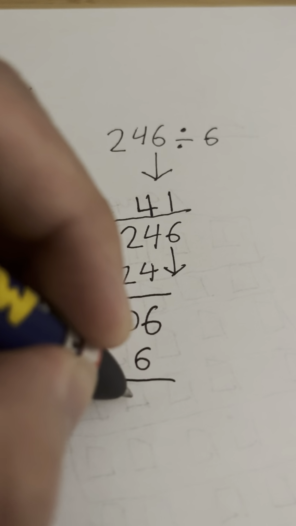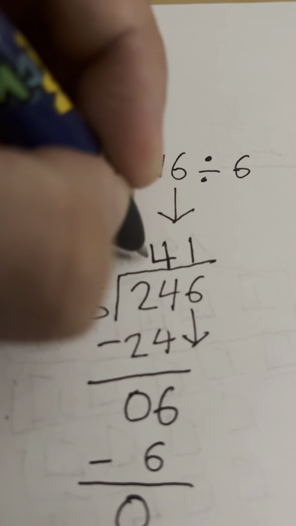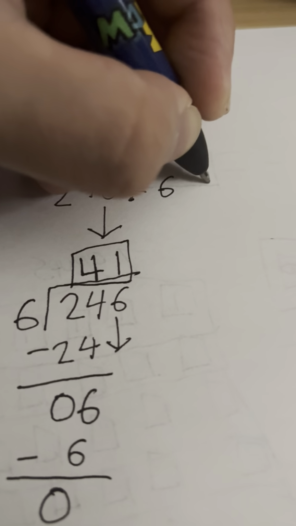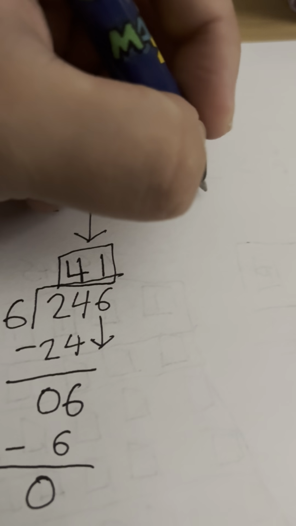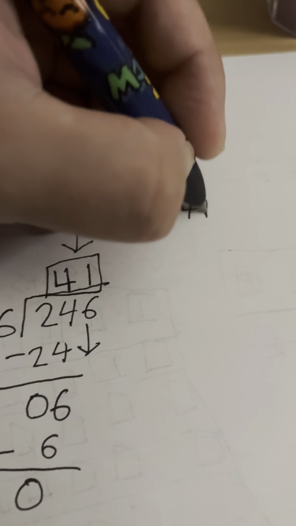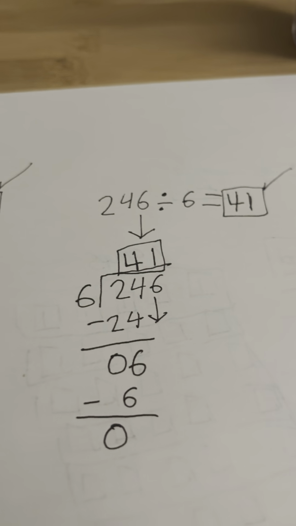Subtract. All you're left with is a nice big 0. And with that, we finally have our answer. Make sure you box it in. 246 divided by 6 equals 41. Box it in, write your check mark, and you're done.